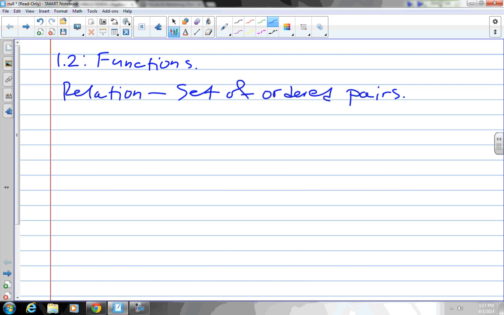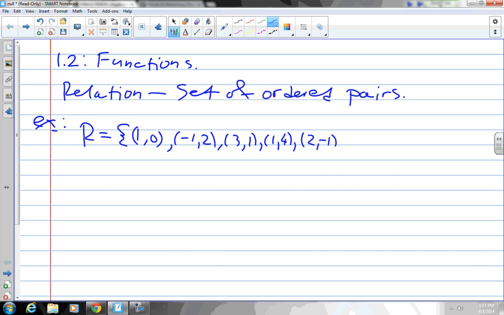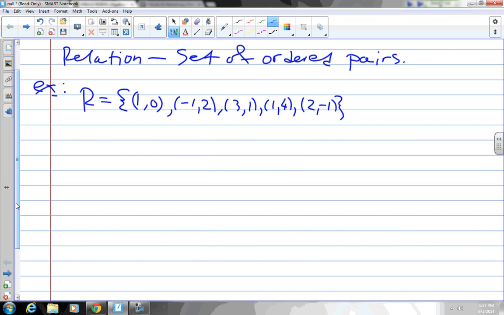An example would be something like this, R equals, and then I can just list something like that. Since this is just a set of ordered pairs, I've got myself a relation.